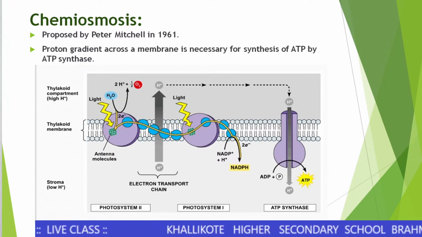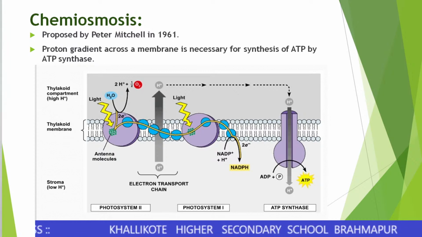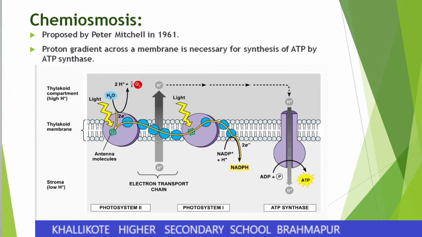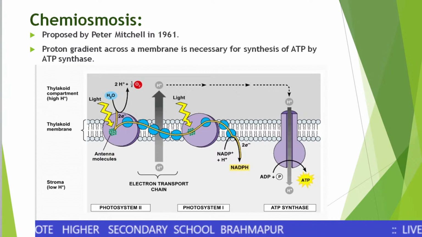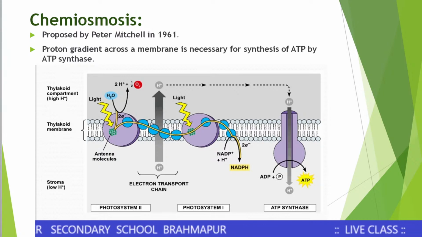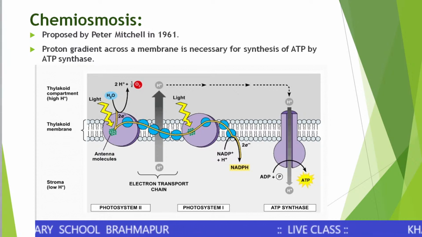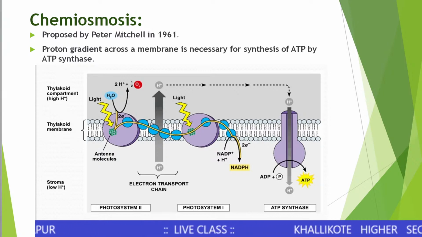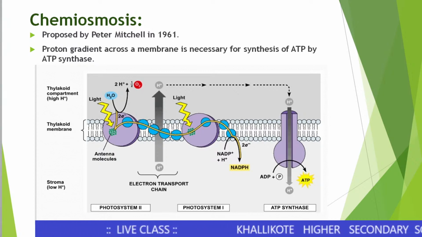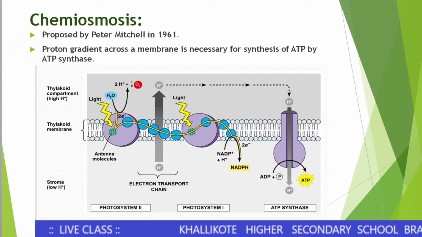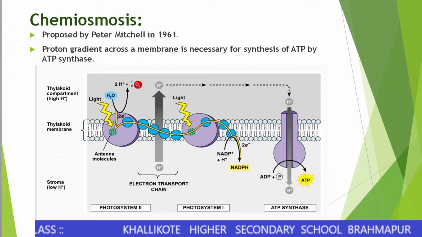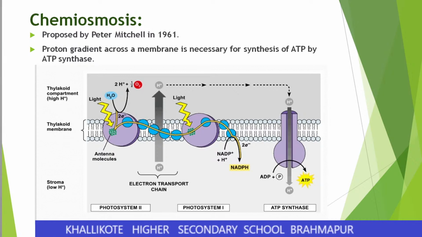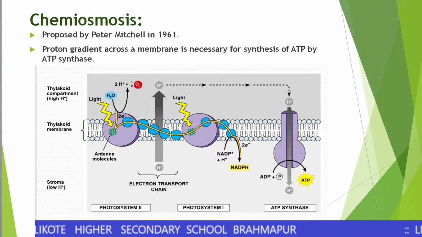And further, when it is oxidized, it liberates the H plus ions to the thylakoid compartment or towards the lumen side, which can be seen by the black arrow in the figure. So during the electron transport chain, again, the H plus ions are released into the thylakoid compartment or into the lumen.